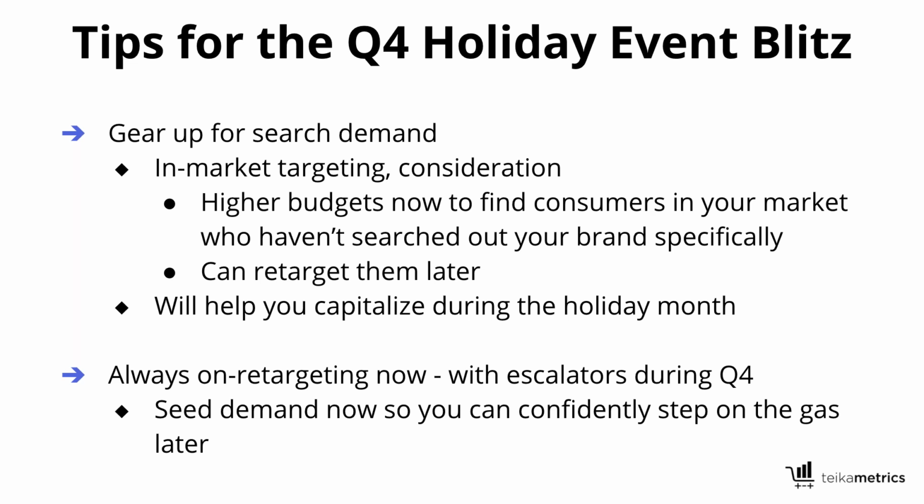Another key thing here too is always-on retargeting. This should be an evergreen strategy all year round. You constantly want to be retargeting people who have gone to your PDP page, whether it's in your slow time of the year or your busy time of the year, whether you're in peak seasonality or not. You want to always have that remarketing on.